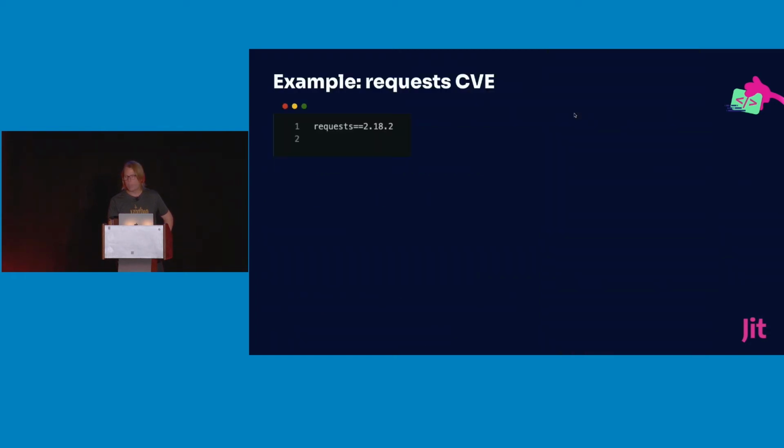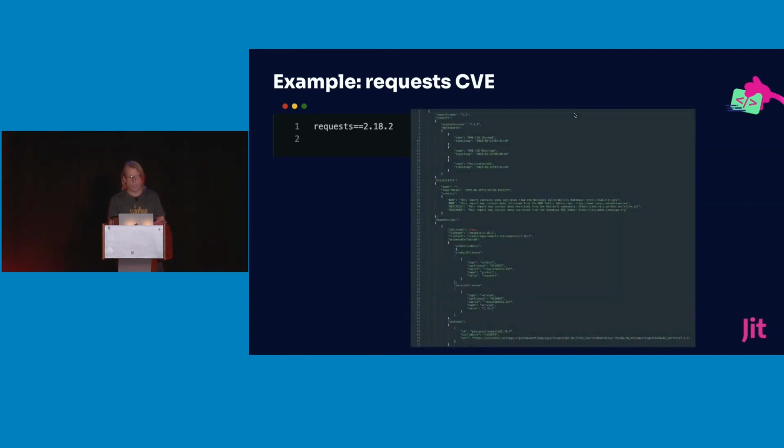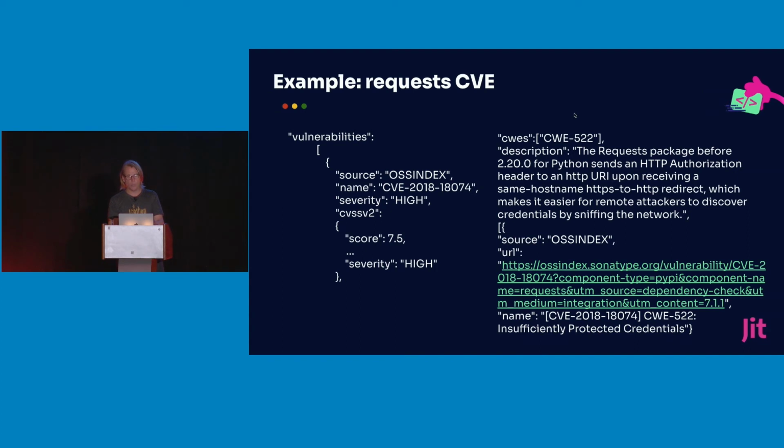And here's just a quick example of the output. So here's a requirements file. Again, it's hard to read here. I'll zoom in a second, but OWASP dependency check is running. Here's a screenshot of the output, and here's a zoom in.